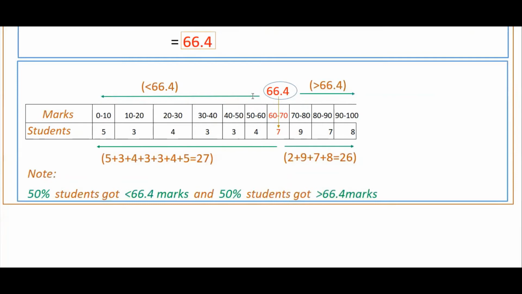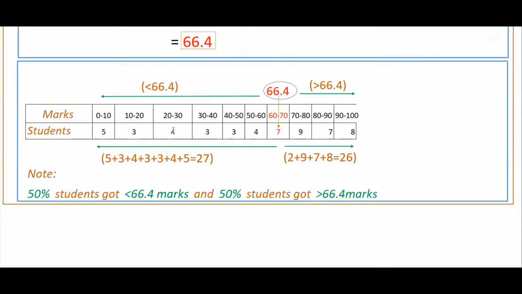And if you observe here, all these marks are less than 66.4 because here the marks are 0 to 10, 10 to 20, 20 to 30, that means up to 66.4. So these marks are less than 66.4. And here if you observe 70 to 80, 80 to 90, 90 to 100, these marks are greater than 66.4.